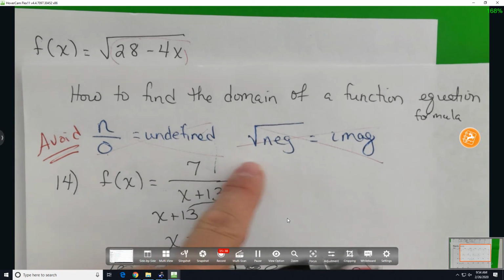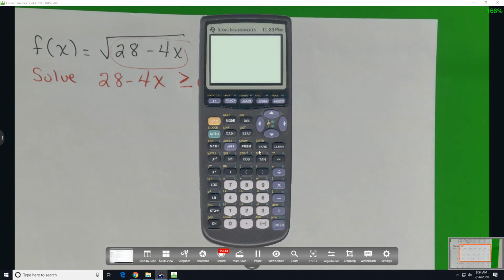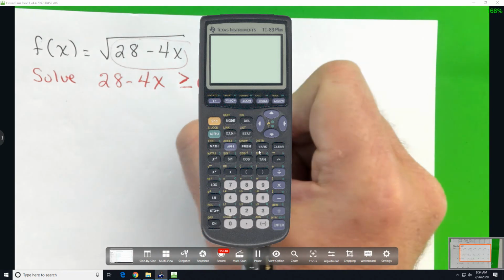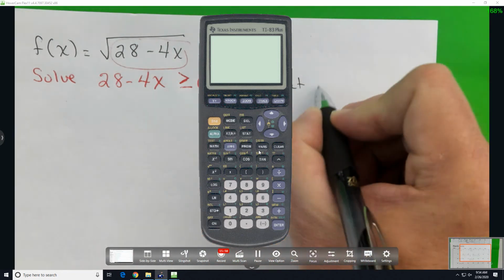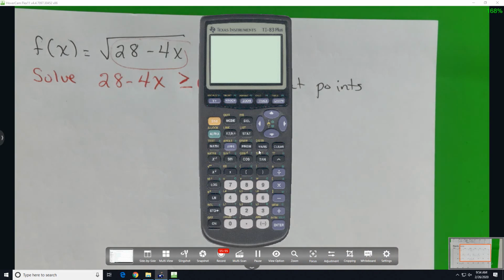But for a square root, if I pull up my calculator, what number would give me a 0? Could y'all solve this? Use cut points. Sometimes students say it's hard using cut points here, because this problem is so much easier than any cut point problem you've done.